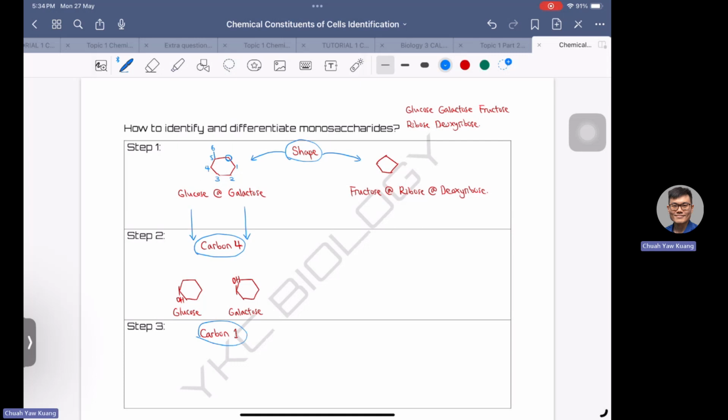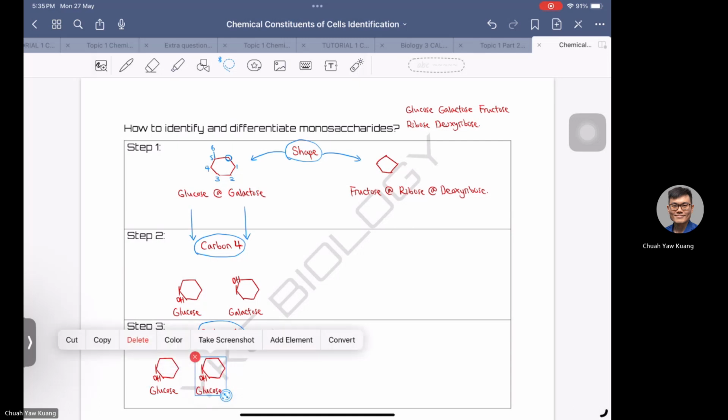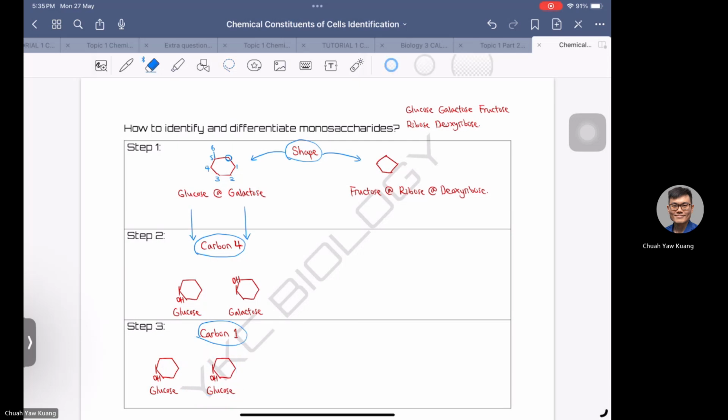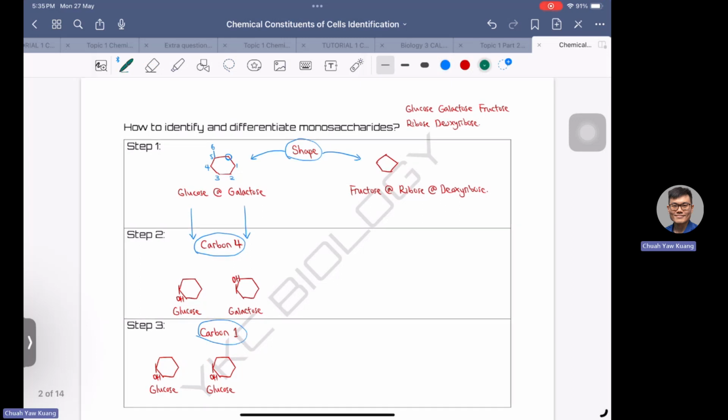In carbon number 1, the same thing again. I will copy the structure here. Carbon number 1 is here.